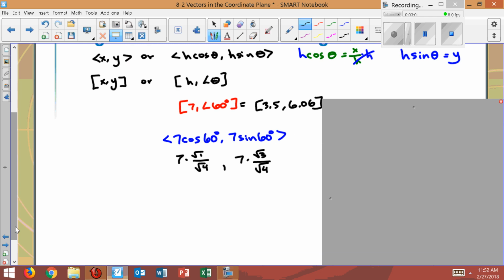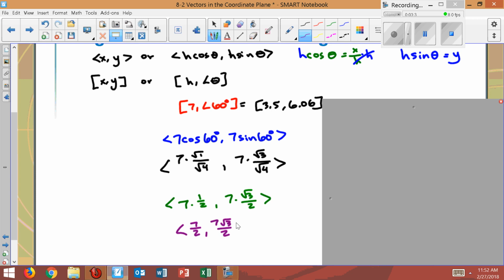When we simplify that, we get 7 times 1/2, and over here, 7 times square root of 3 over 2. Finally, we get the answer: 7 times 1/2 is 3.5, or you could say 7/2. And this right here would be 7 square root of 3 over 2.